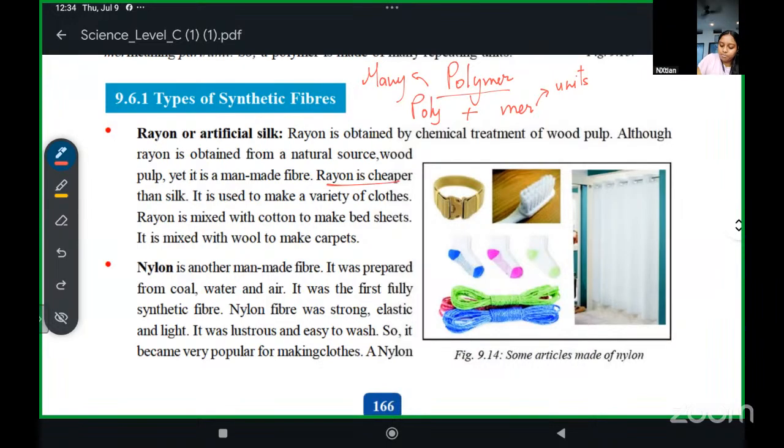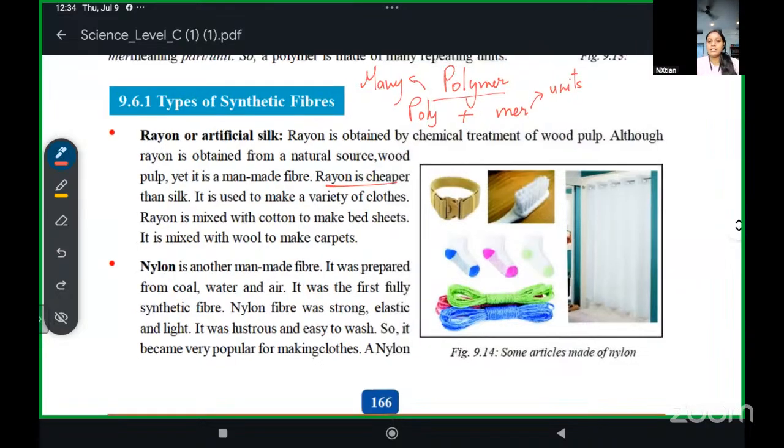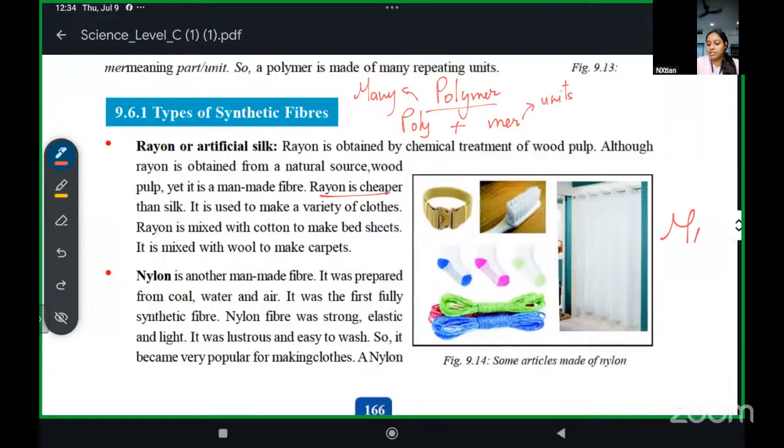It is used to make a variety of clothes, and rayon is, if you've heard the term mixed fabric, or cotton mix. Cotton mix means it is a mixture of cotton and rayon, cotton and synthetic. A mixture of two fabrics.